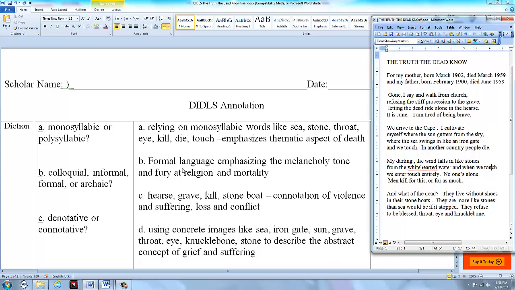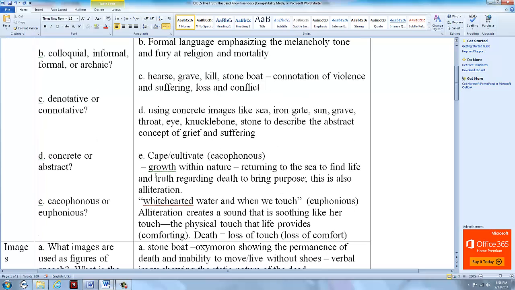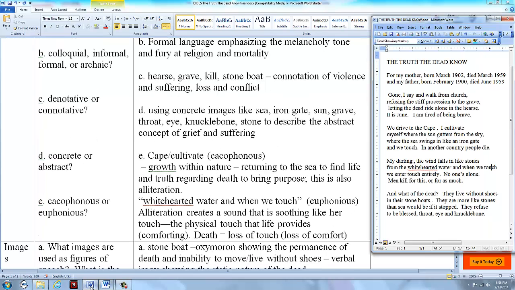Moving on to D. What we notice with D is we're looking at abstract or concrete. And she is relying, I think, primarily on concrete images. Concrete images like the sea, the iron gate, the sun, the grave, throat, eye, knuckle bone, stones.